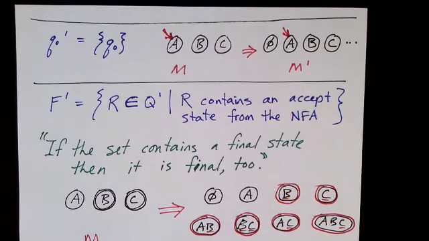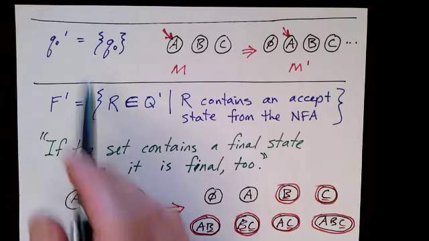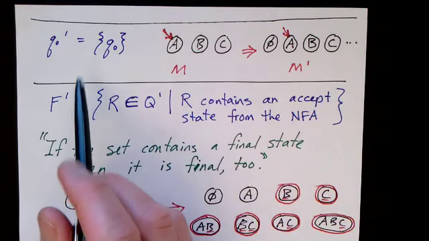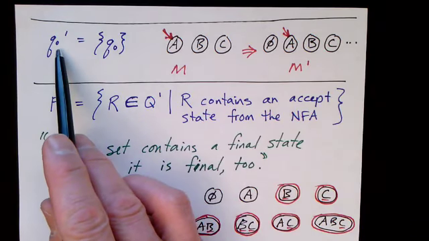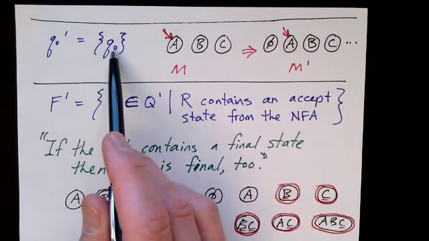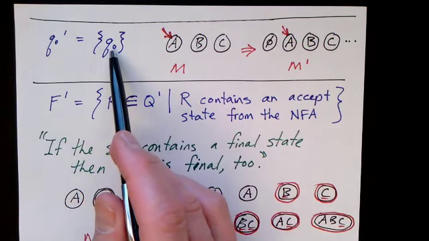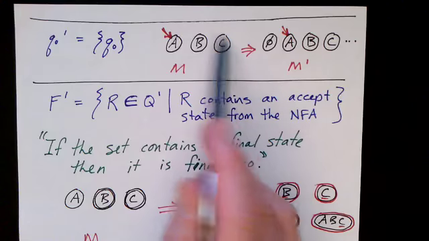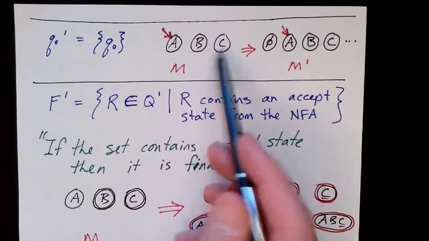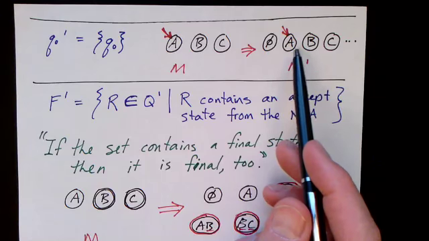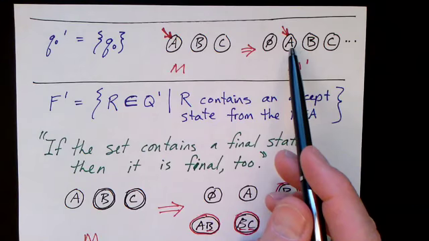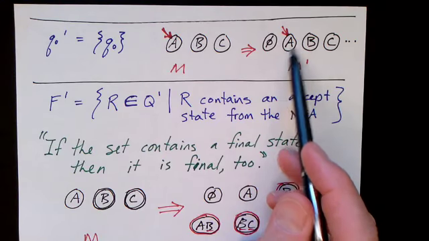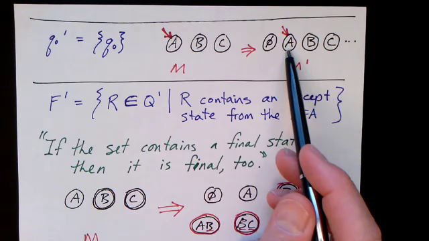The tricky stuff is in the transition function, but let's take care of the initial states and the final states first. The initial state of our deterministic machine will just correspond to the initial state of the non-deterministic machine. So if this is our non-deterministic machine with its 3 states A, B, and C, then our deterministic version, M prime, will have as its initial state the state that's just the subset containing A itself.